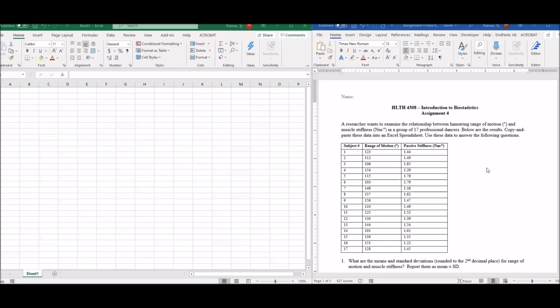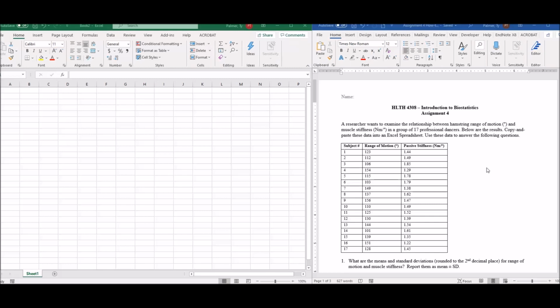And so those with lower stiffness values are at a lower risk of having a hamstring tear, a hamstring pull, one of those injuries. Those with higher muscle stiffness are at a greater risk of having a hamstring pull or hamstring tear. So not only is range of motion important for performance for these athletes, muscle stiffness is also important for these athletes from an injury standpoint.